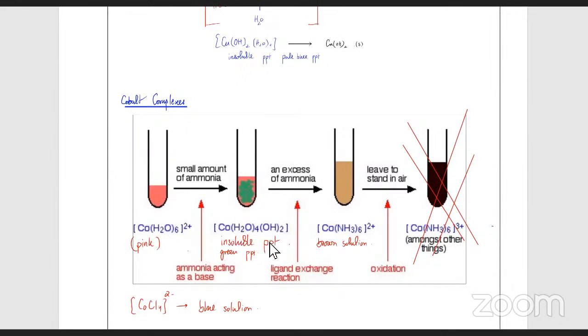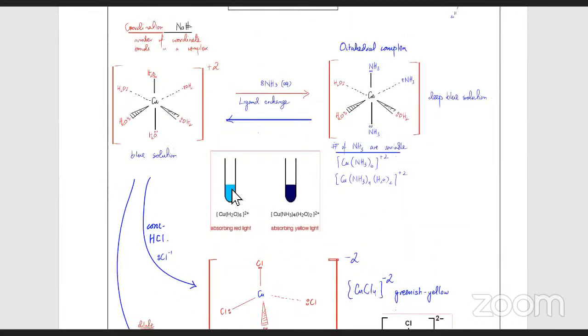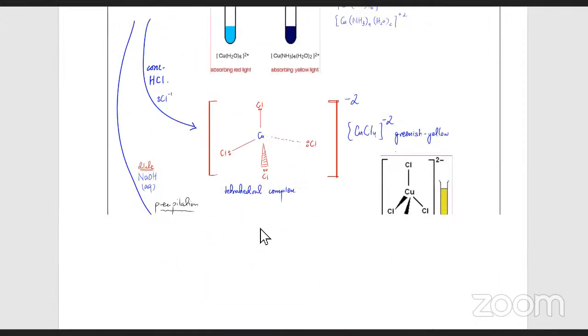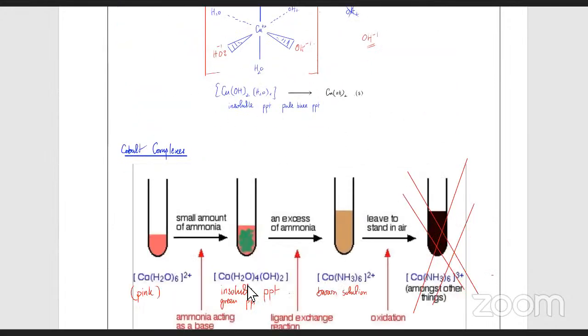Cobalt with OH, that's an insoluble green precipitate. If they write blue, it's not blue. That's incorrectly written. Blue is for copper with OH ions. Copper with OH ions, that's an insoluble pale blue precipitate. Okay, clear? Remember, cobalt with OH, that's a green precipitate.